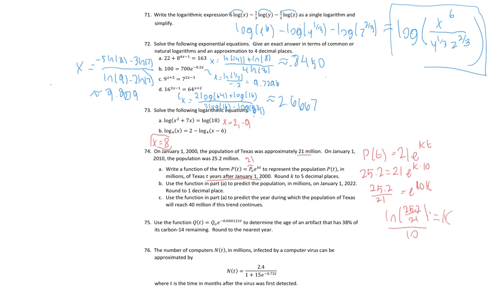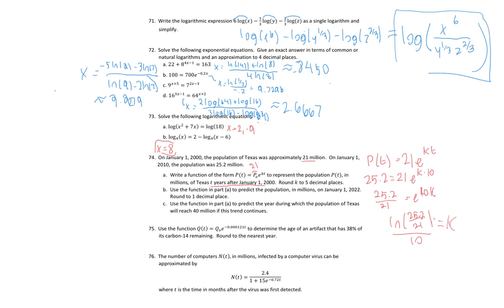And when I plug that into my calculator, 25.2 divided by 21, I get k equals about 0.01823, because that's 5 decimal places.